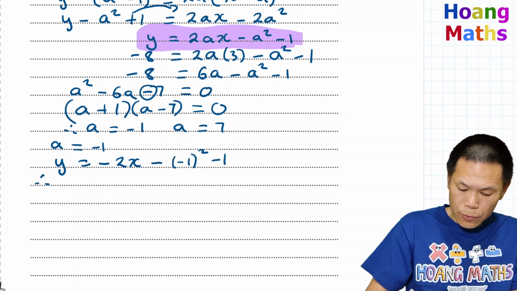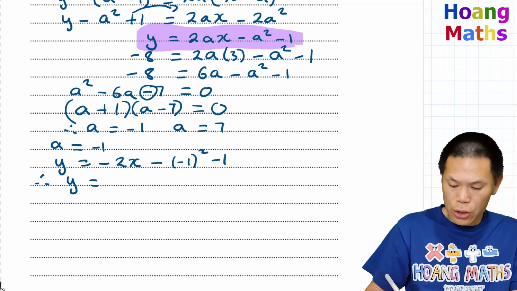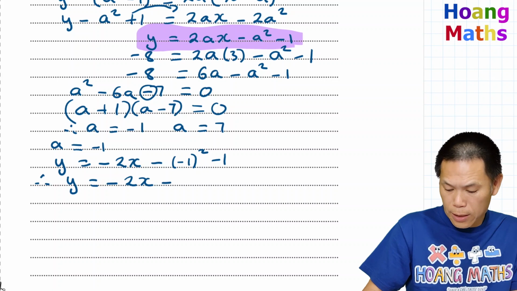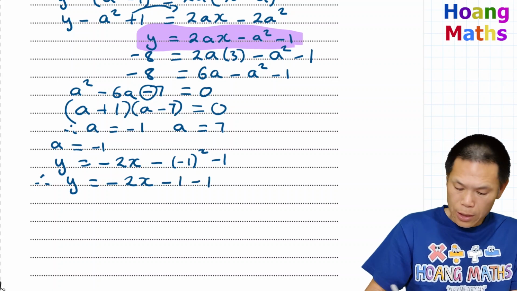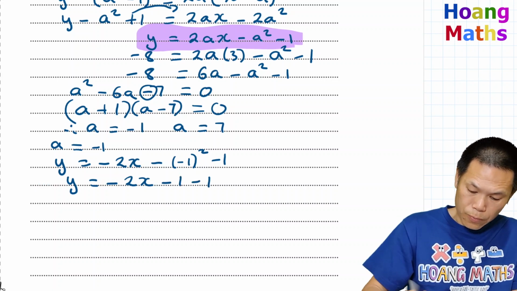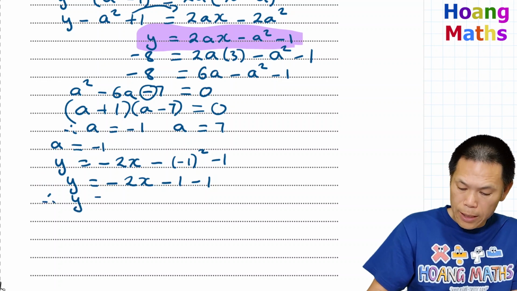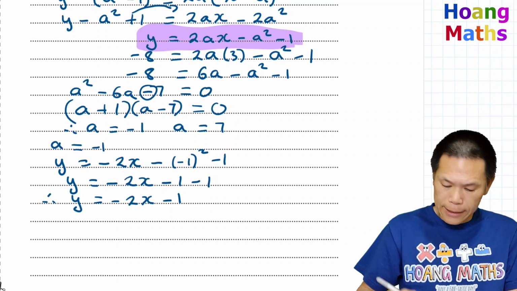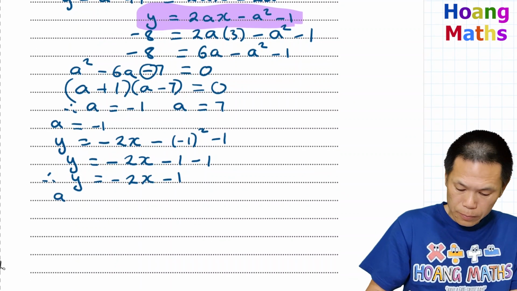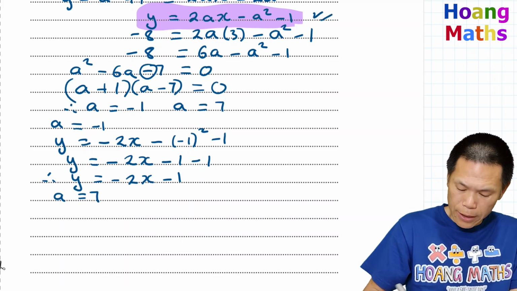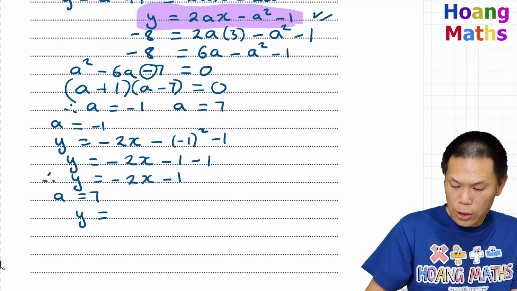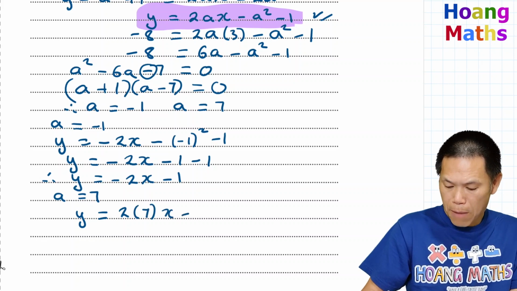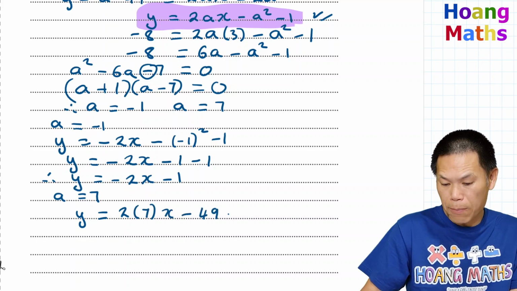So therefore, the first equation of the tangent is this. So minus 2x and -1 squared is 1, like this. So therefore, y is -2x minus 1. And when a is 7, we substitute in this to find the other equation of the tangent. So that means 2 lots of a means 2 lots of 7x, minus 7 squared, 49, and minus 1.